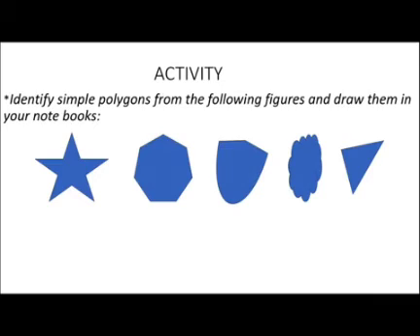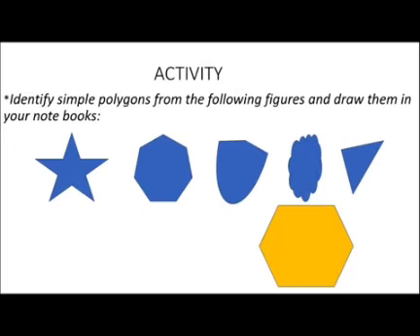We also discussed that a simple polygon is a polygon which does not have any crossed lines. Now, out of these 5, please identify simple polygons. Okay. The first, the second, and the fifth one are simple polygons. Do you agree? They are made up of line segments.